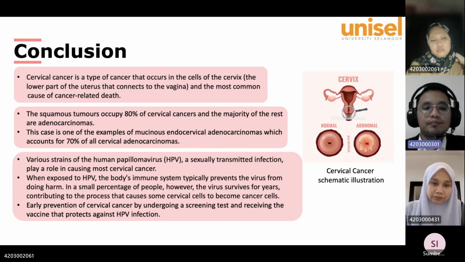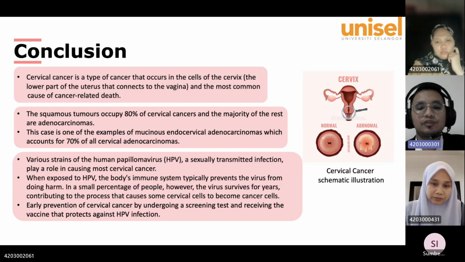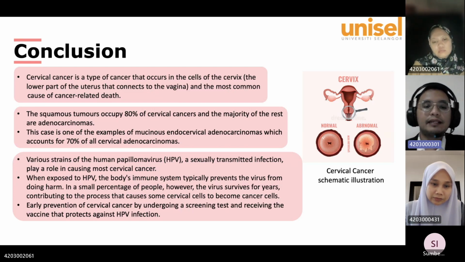When exposed to HPV, the body's immune system typically prevents the virus from doing harm. In a small percentage of people, however, the virus survives for years, contributing to the process that causes some cervical cells to become cancer cells. Early prevention of cervical cancer is by undergoing a screening test and receiving the vaccine that protects against HPV infection.